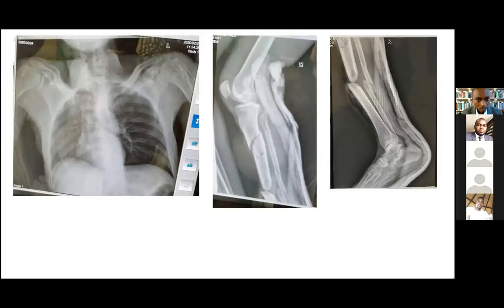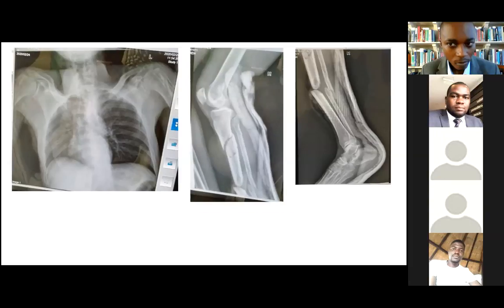For lack of a better word, you cannot clearly map out the lung markings or the vascular markings on the right side. And the cardiac shadow, the right heart border is not clearly delineated.